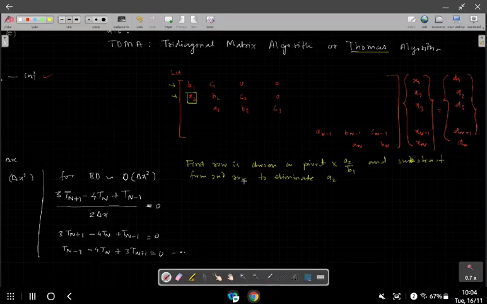Okay. So after doing this, what we get is B2 equals B2 minus A2 over B1 times C1. And similarly, D2 will be equal to D2 minus A2 over B1 times D1.